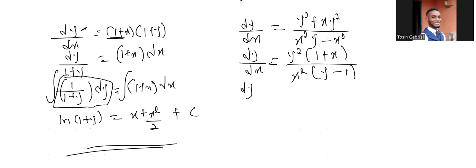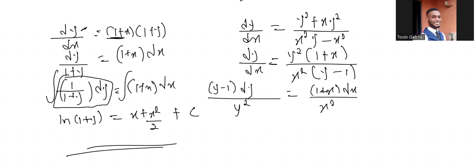So you can have y minus 1, then over y squared, which was the numerator and becomes denominator here, which is equal to 1 plus x remaining there, then dx, divided by x squared. Okay, now let's go further.